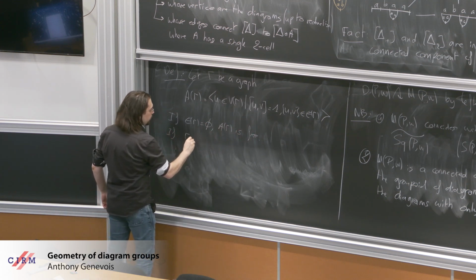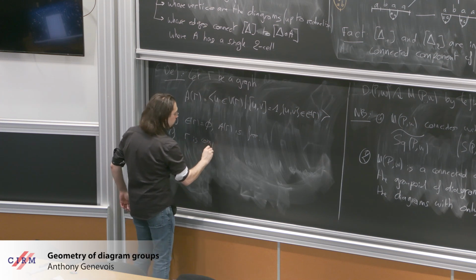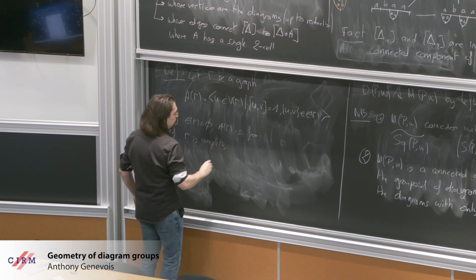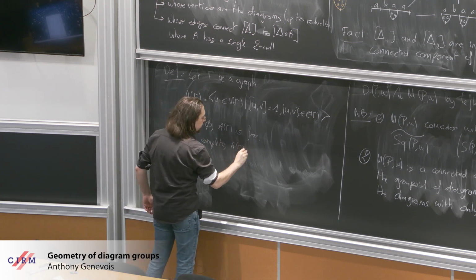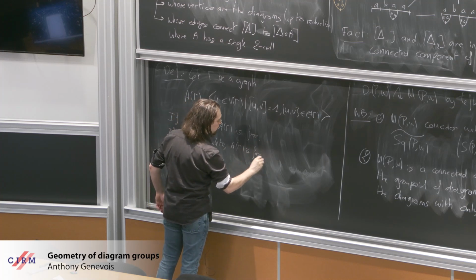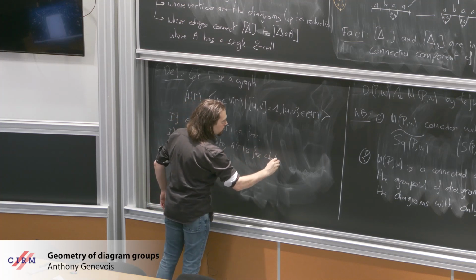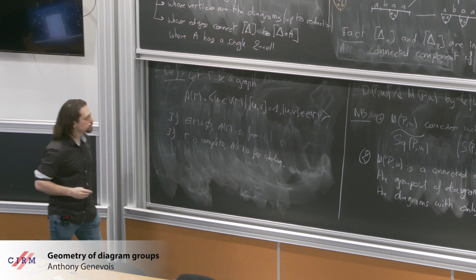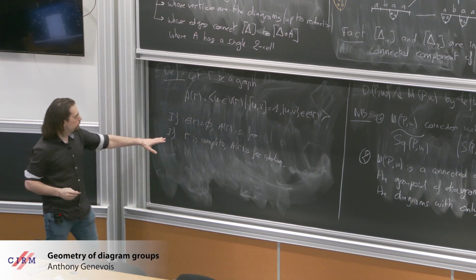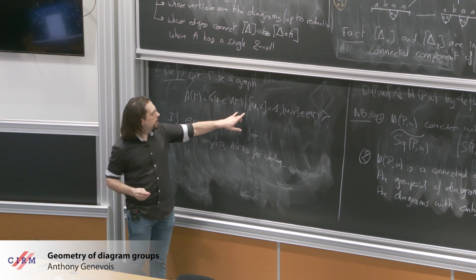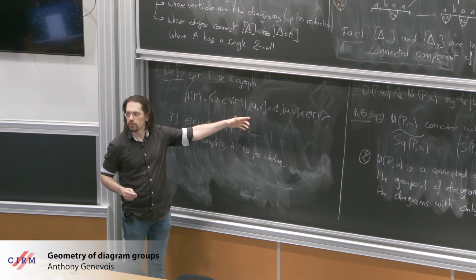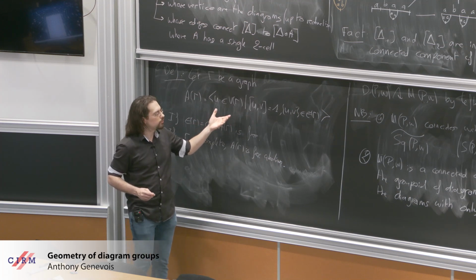If gamma is complete, then A gamma is free abelian. Right? If gamma is complete, it means that any two generators commute, and so I get an abelian group.